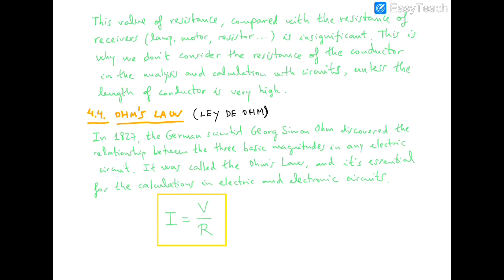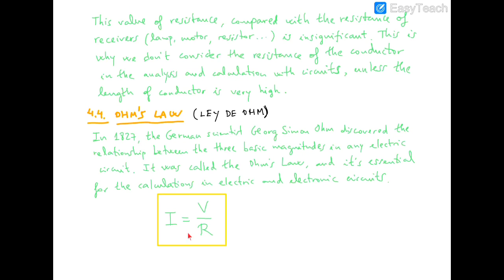Now we are going to remember the Ohm's law. In 1827, the German scientist George Simon Ohm discovered the relationship between the three basic magnitudes in any electric circuit. It was called the Ohm's law, and it's essential for the calculations in electric and electronic circuits.